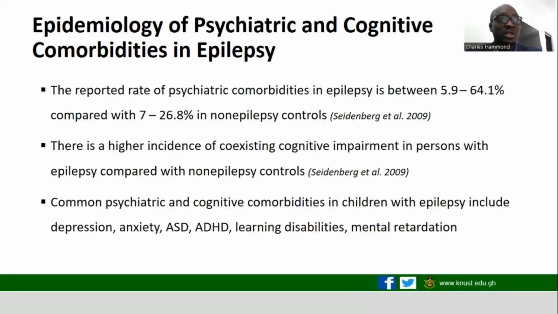This is according to a study in 2009. Again, there is a higher incidence of coexisting cognitive impairment in persons with epilepsy compared with non-epilepsy controls. The common psychiatric and cognitive comorbidities in children with epilepsy include depression, anxiety, autism spectrum disorder, attention deficit hyperactivity disorder, learning disabilities, and mental retardation or intellectual disabilities.